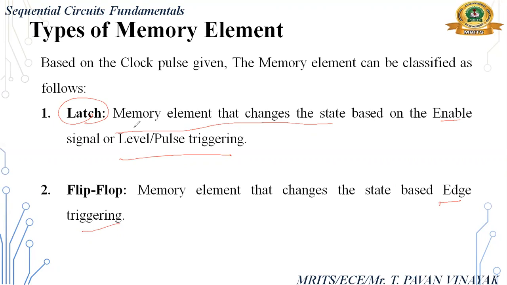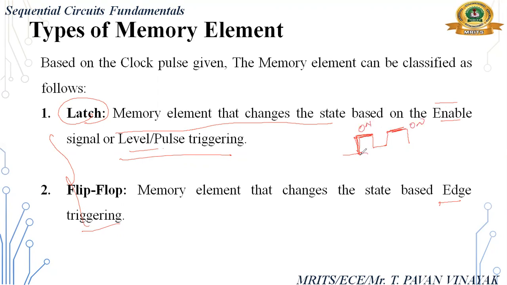So what is the difference between latch and flip flop? In a latch, the memory element changes state based on level or enable. Let us see, I am giving one clock pulse like this, with one level. Let us consider this as the on state.